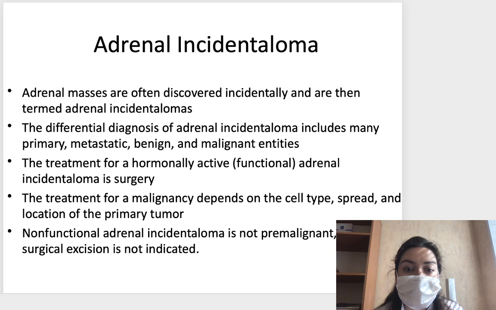The treatment for hormonally active functional adrenal incidentaloma is surgery. The treatment for malignancy depends on the cell type, spread, and location of the primary tumor. Non-functional adrenal incidentaloma is non-premalignant, and surgical excision in this case is not indicated.